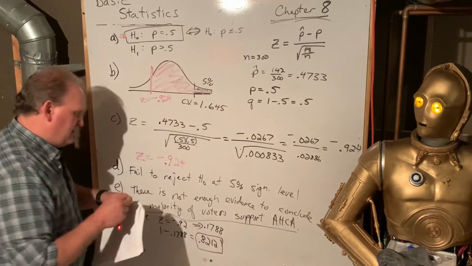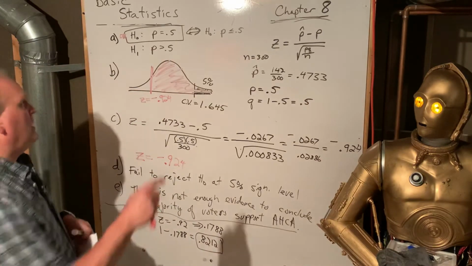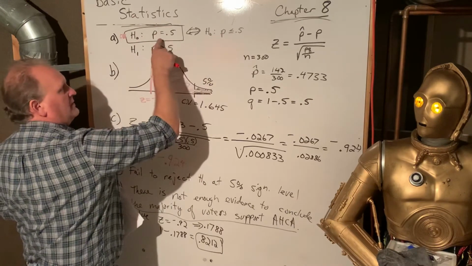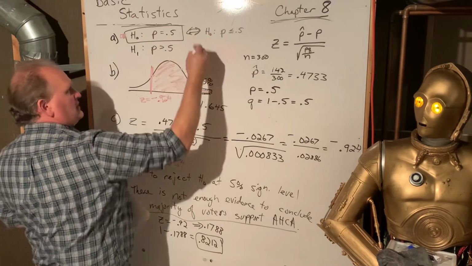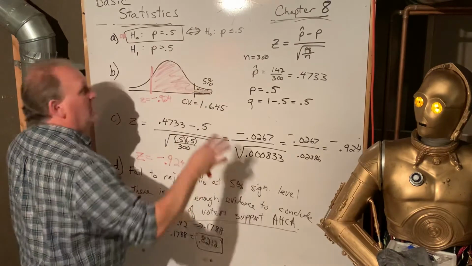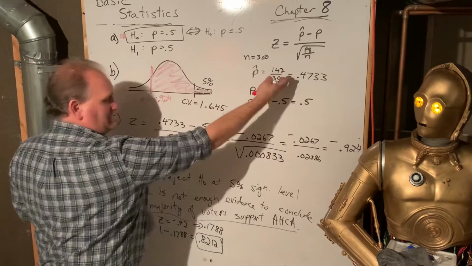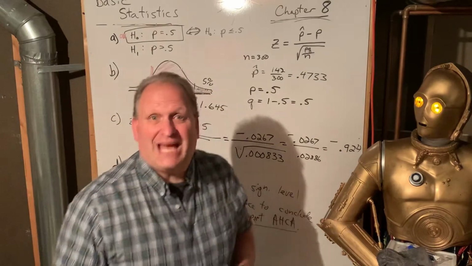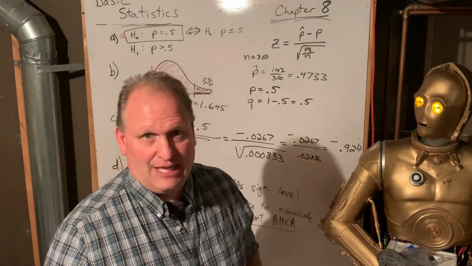And so what does that mean? That means if the null hypothesis were true, either equal to 50% or less than or equal to 50%, we would get results like this 82% of the time. So that is evidence for the null hypothesis.